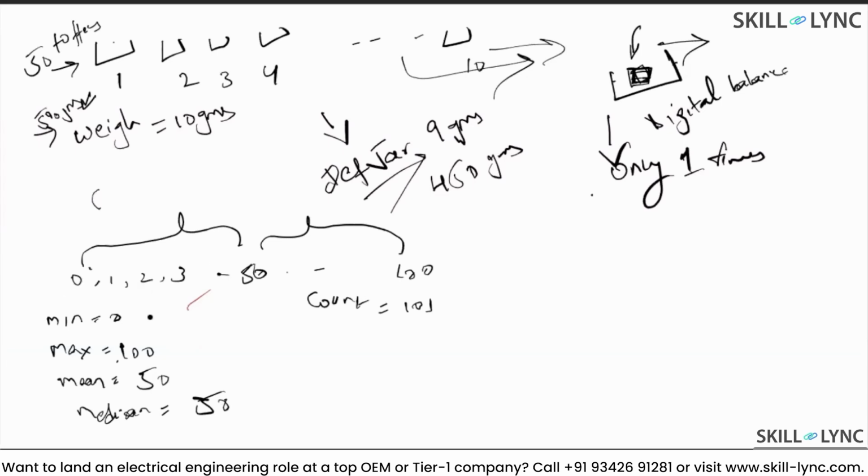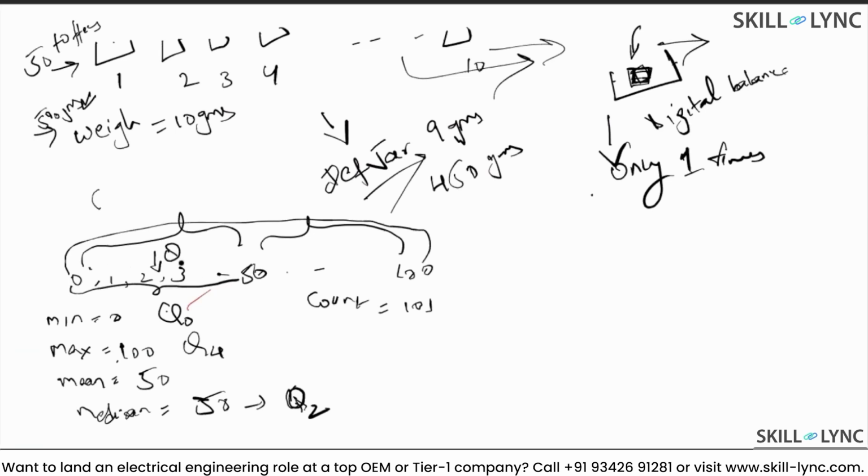Now this min is also called Q0, quartile 0. Max is called quartile 4. So what we are doing is trying to divide the data into 4 parts. And then the median would be Q2. Let's consider this as one series, and there would be a median for this also, that is called Q1.